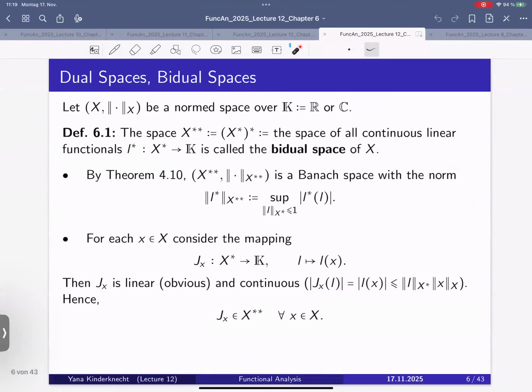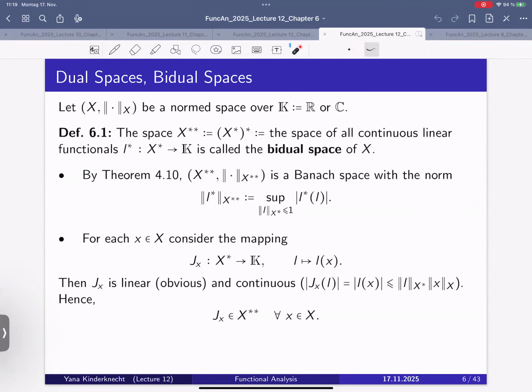Okay, so we have discussed this. One more point to discuss. For each x in X, consider the following mapping. J with index x is a mapping from X star to the field of numbers, which is just the point evaluation.